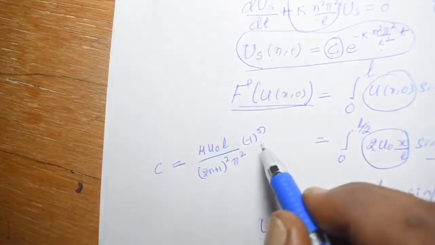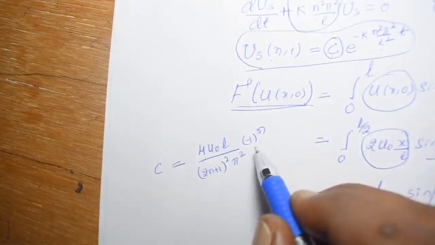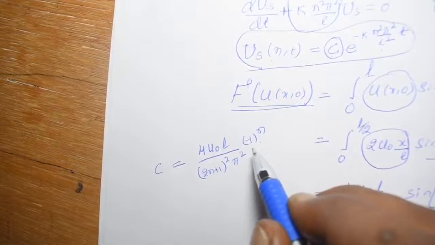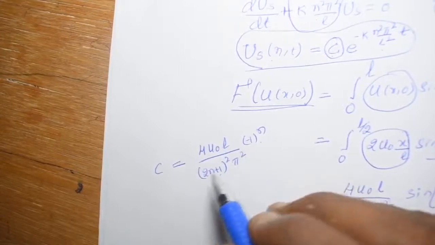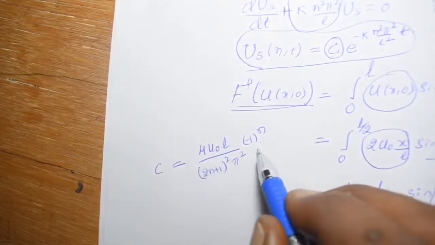Otherwise c is 0 when n is even, but that is not useful because the solution will become trivial. That's why we are not going to consider the even values for n. Simply we are going to consider the values for odd. That's why c will become like this.